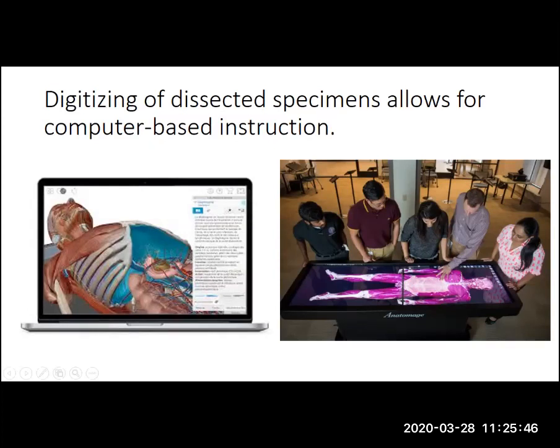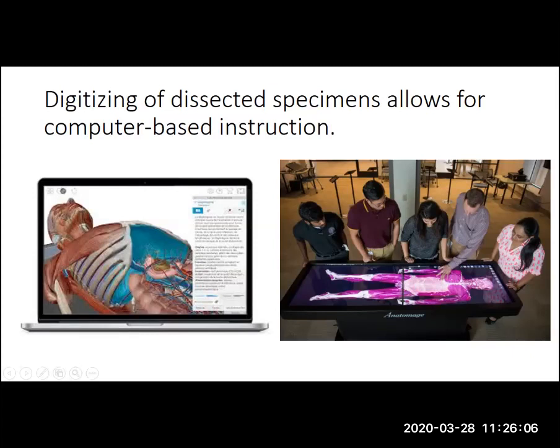More recently, they've got these dissection tables where, again, it's got a digitized cadaver, and instead of manipulating a computer screen, you manipulate this table and expose organs, expose tissues in that way.